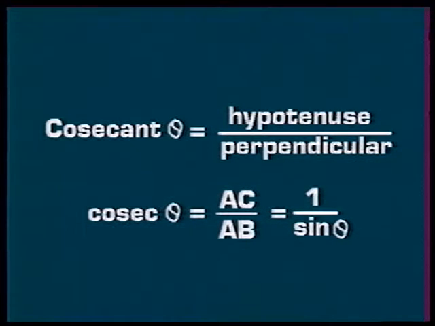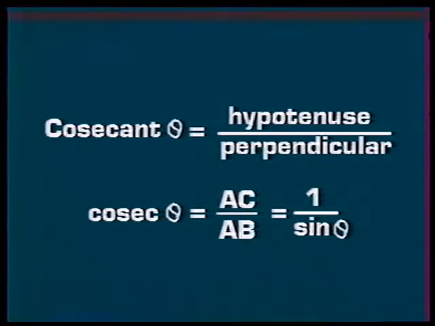Besides sine, cosine and tangent of an angle theta, there are three other trigonometric ratios named cosecant, secant and cotangent of an angle theta, where cosecant of angle theta, which is written in brief as cosec theta, is equal to the ratio of the hypotenuse to that of the side opposite to the angle theta.